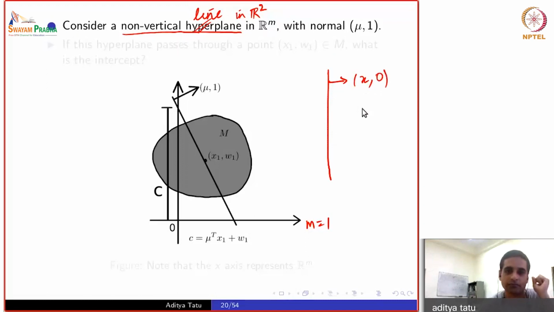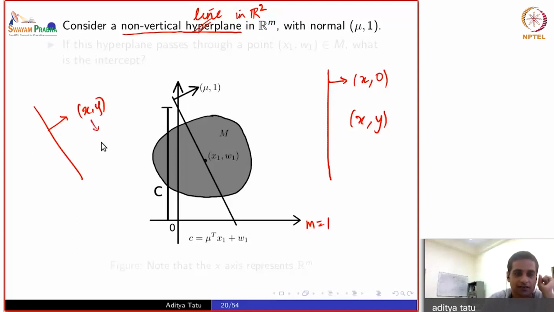So if I write the y coordinate of this normal vector, that would be 0. As long as I have a non-vertical hyperplane, if I have a vector px, py representing the normal to a particular line, then scaling it also represents a normal to the same line.